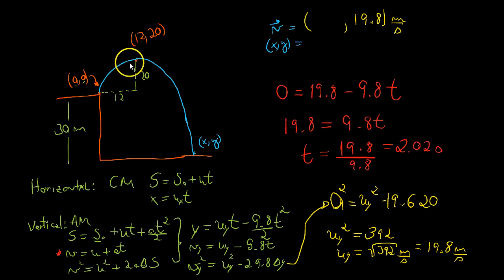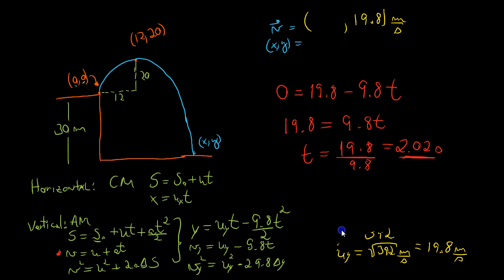Alright, awesome. But now we can use this time, this information here, to figure out the initial horizontal velocity for the particle. Okay? I'm going to have to erase this. For the horizontal motion, we only have one equation. Alright?